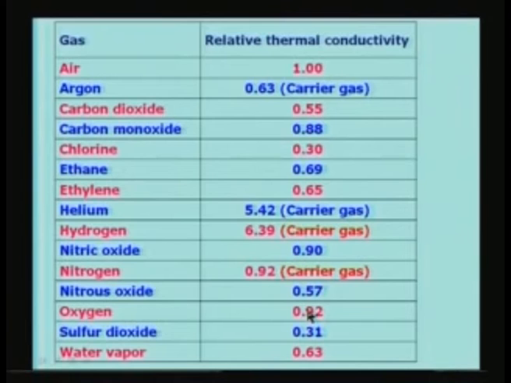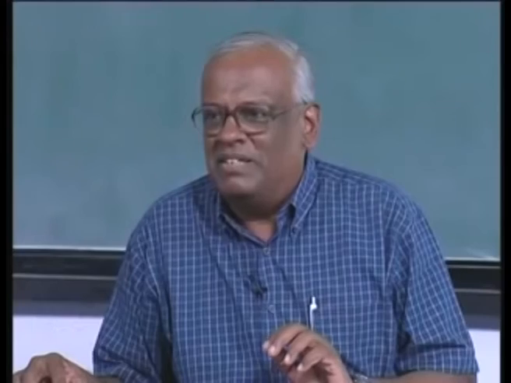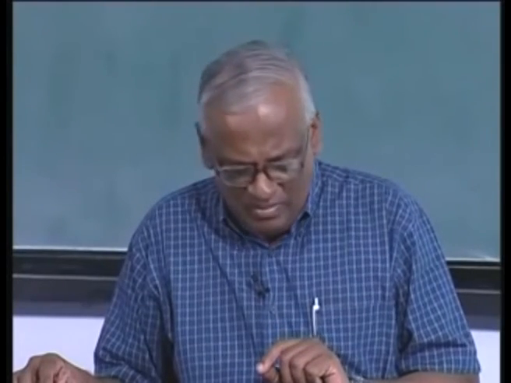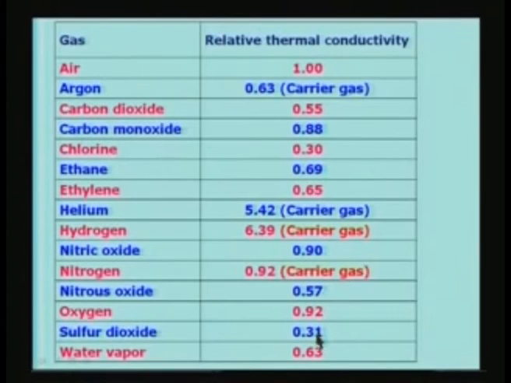Therefore, oxygen cannot be monitored using thermal conductivity as the basis. So, let us look at the other things. Nitrous oxide is 0.57, sulfur dioxide 0.31, and water vapor is 0.63. I have included water vapor because in most combustion devices water vapor is also present in the form of steam, and therefore that is also of interest to us.